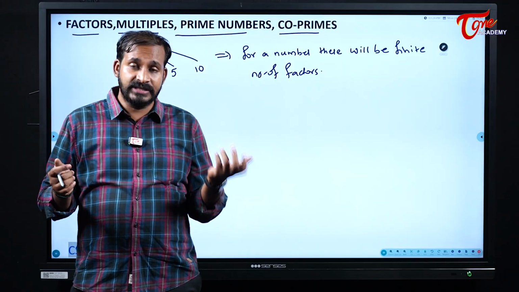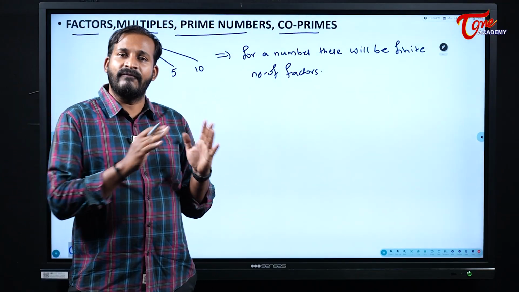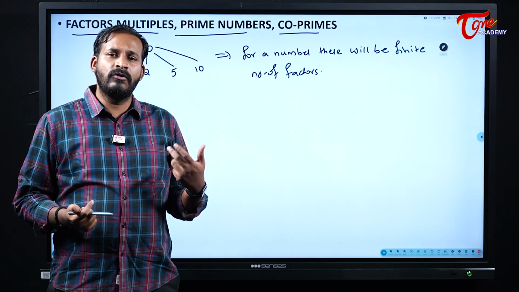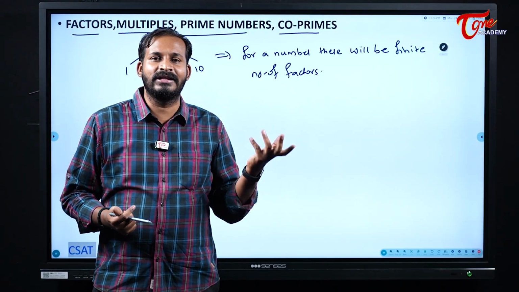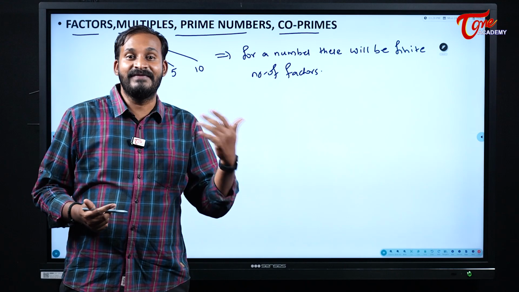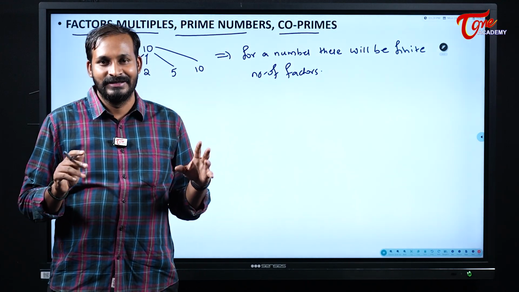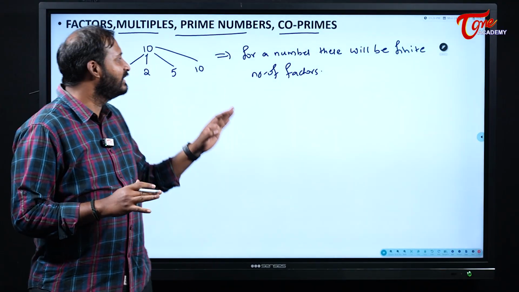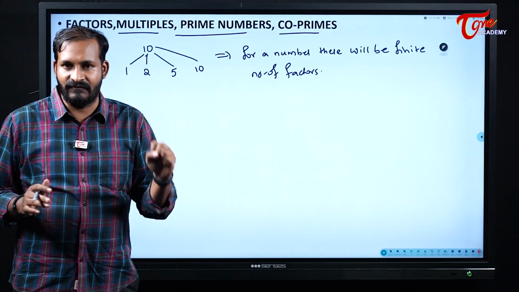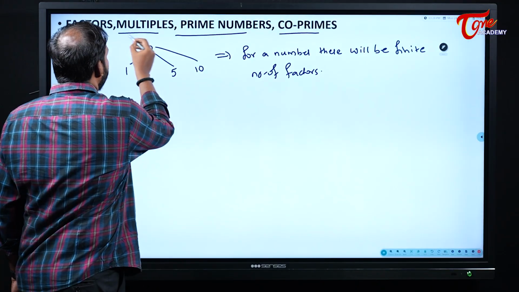Because for a number we can tell factors only if you are able to tell that number, and after you finish telling that number, then I can tell the factors. So don't simply ask what the factors of infinity are. It is not possible. To tell the factors of infinity, first of all you need to tell me that infinite number. So that is not the case in general. For any given number, we will have a finite number of factors. And similarly, multiples.